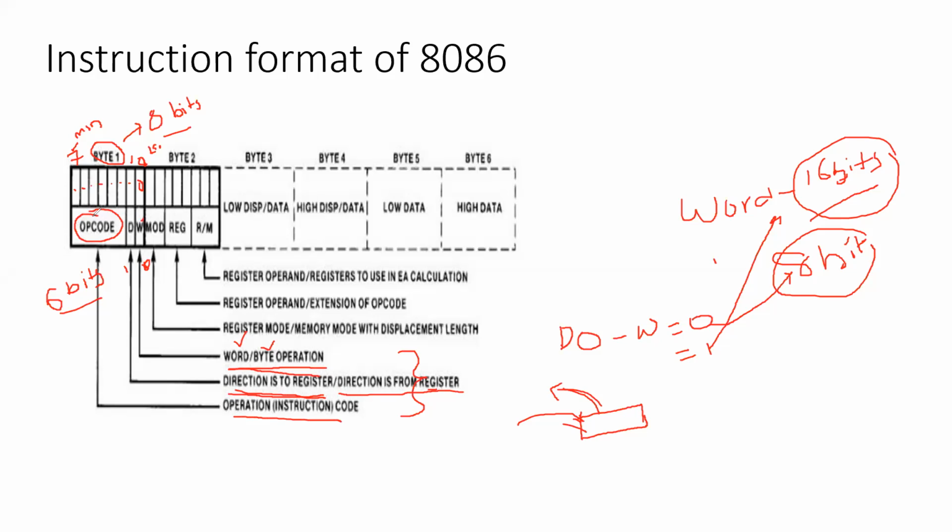Opcode will have a different value for each operation. For example, if you take add, it will have a value of 110.